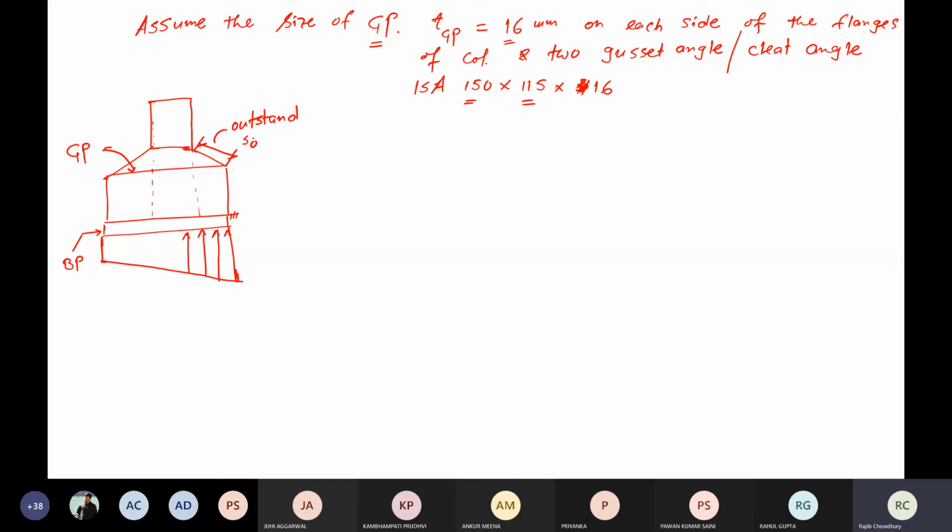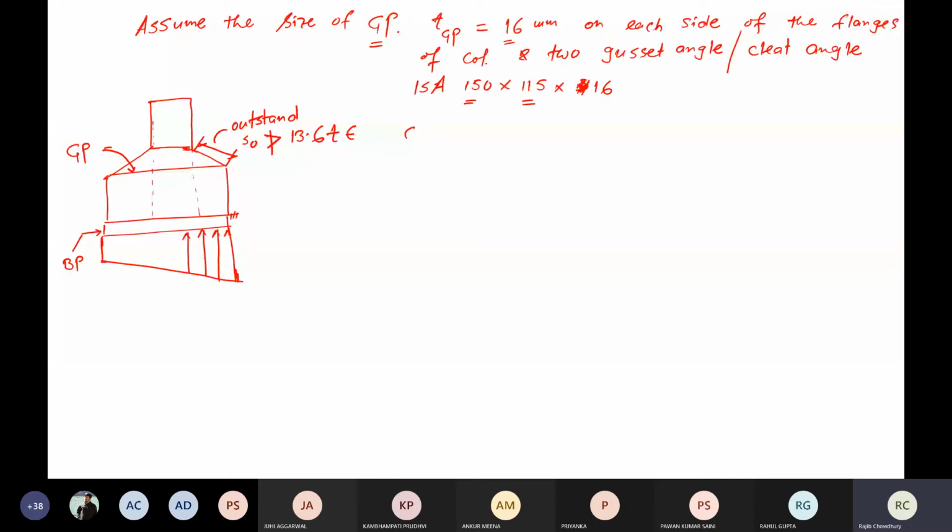This S naught should not be greater than 13.6 times the thickness of the gusset multiplied by epsilon. What is epsilon? Epsilon is nothing but the square root of 250 divided by f y. Okay, now this is the column portion.